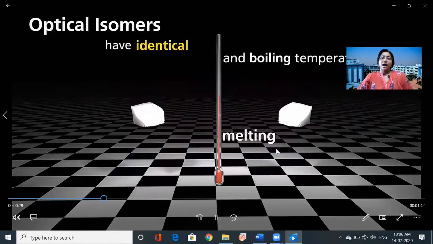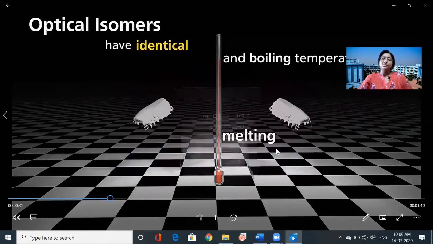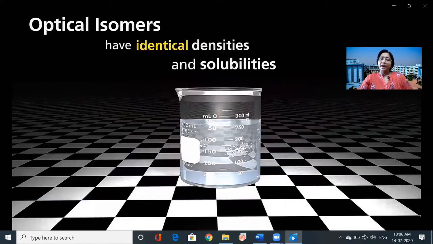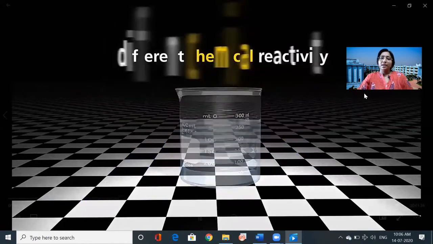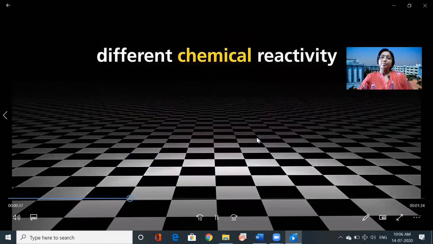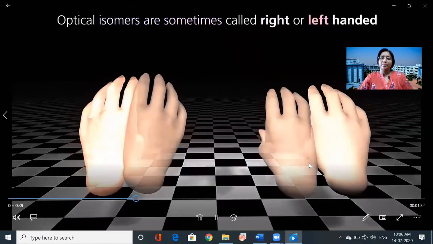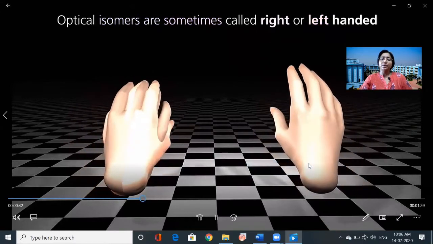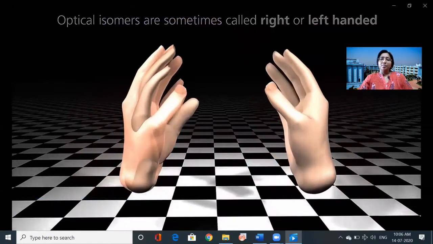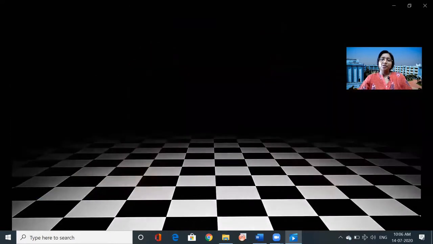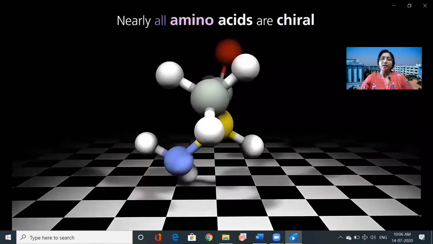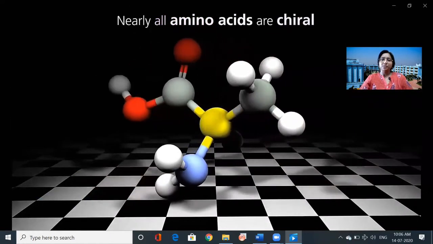Optical isomers, which are chiral, will show optical activity. They have different chemical reactivity, and you can see whether it is superimposing or not. So it is not superimposable. The mirror image is not superimposable.